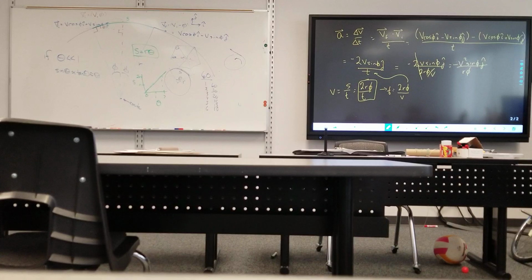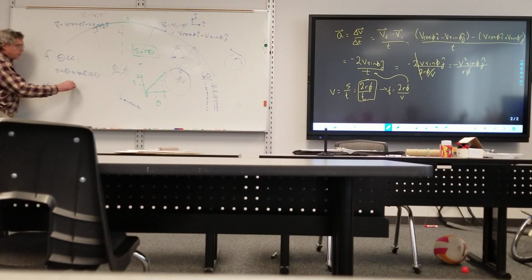Does anyone have a calculator out that they can quickly use? If theta is equal to 0.05, what is the sine of theta? And again, this has to be in radians. .0499.